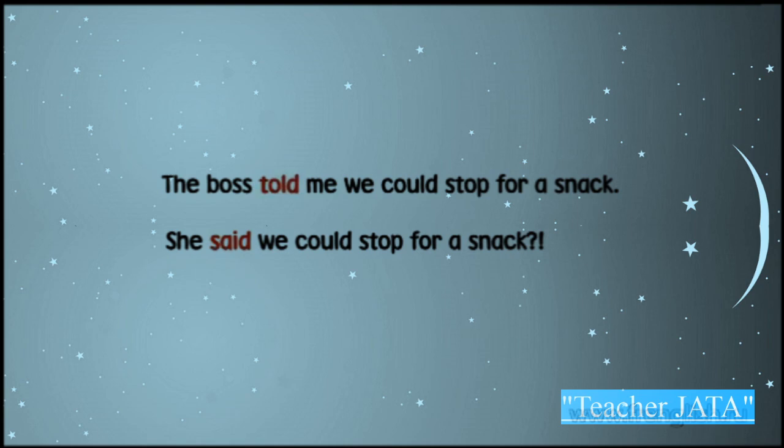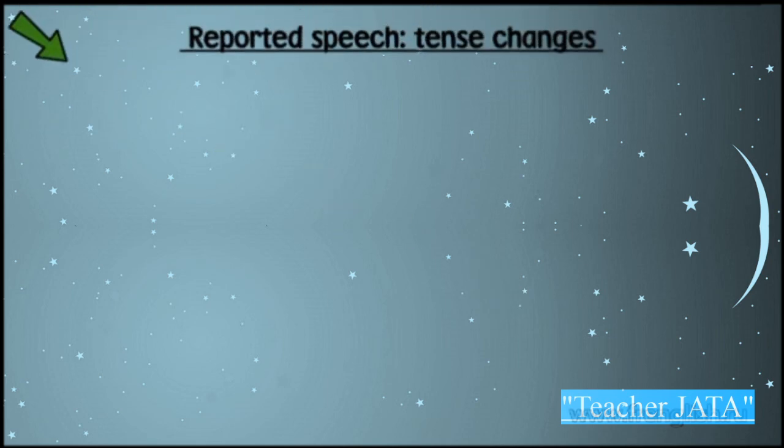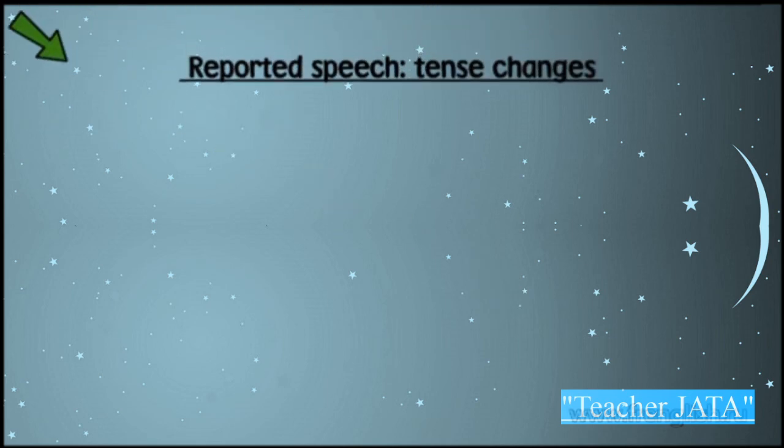We always follow tell with an indirect object. When we report what someone said in the past, the tense in the reported sentence moves one tense back into the past.